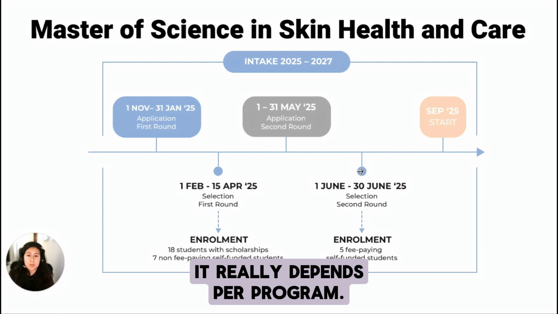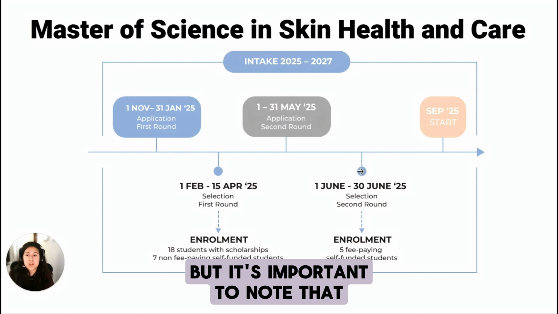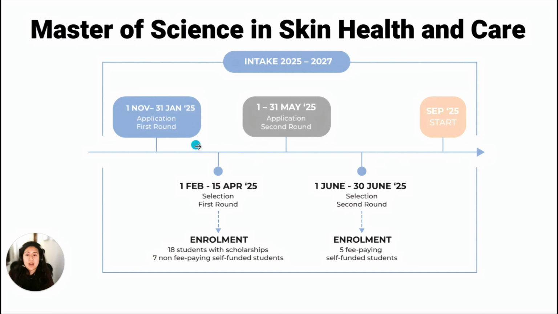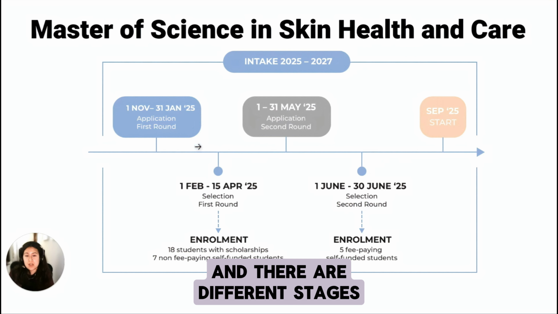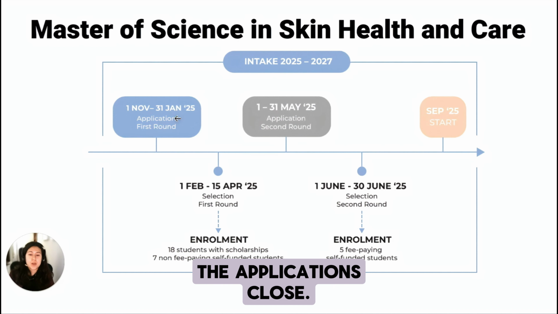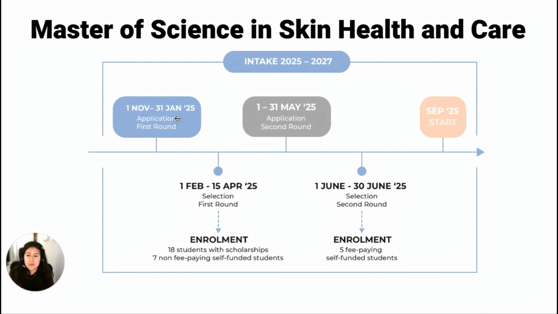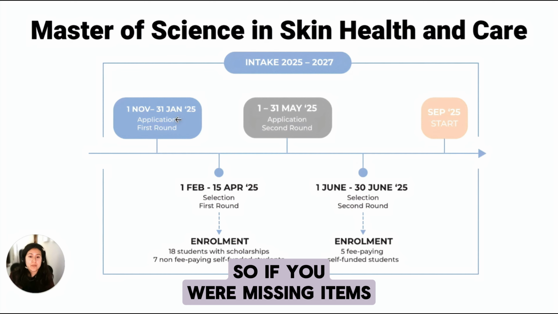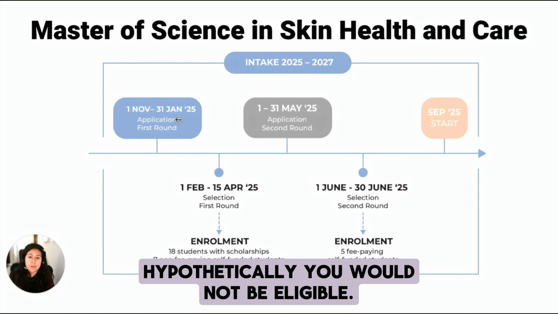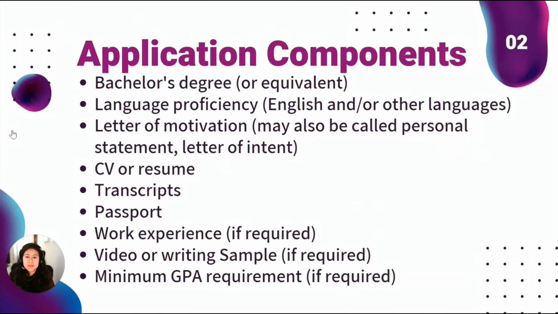It really depends per program, but it's important to note that the start is September 2025 and there are different stages. So that means on the 31st of January 2025, the application is closed. So if you were missing items on the checklist hypothetically, you would not be eligible.